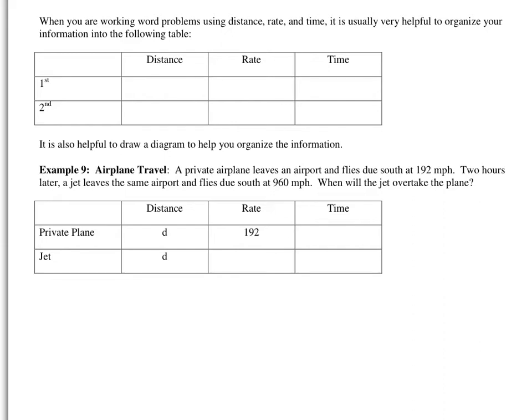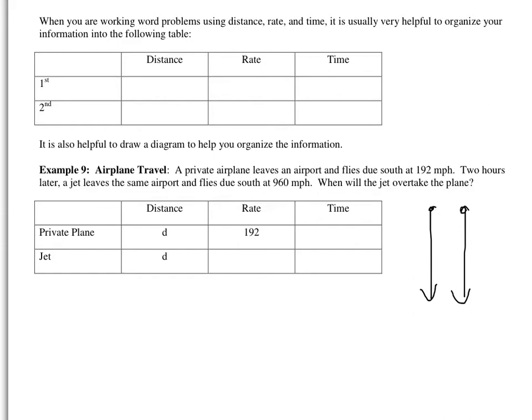A private airplane leaves an airport and flies due south at 192 miles per hour. 2 hours later, a jet leaves the same airport and flies due south at 960 miles per hour.